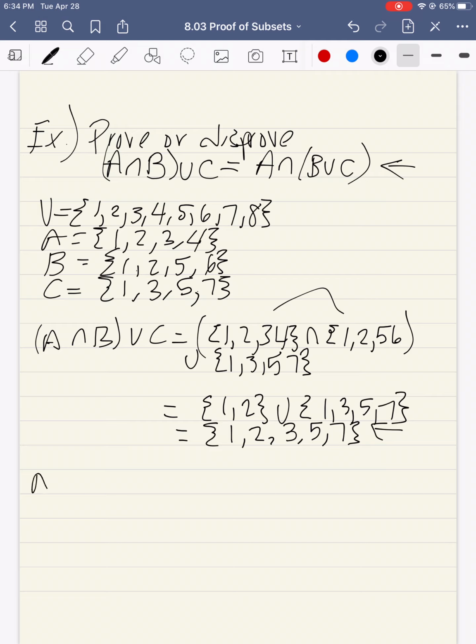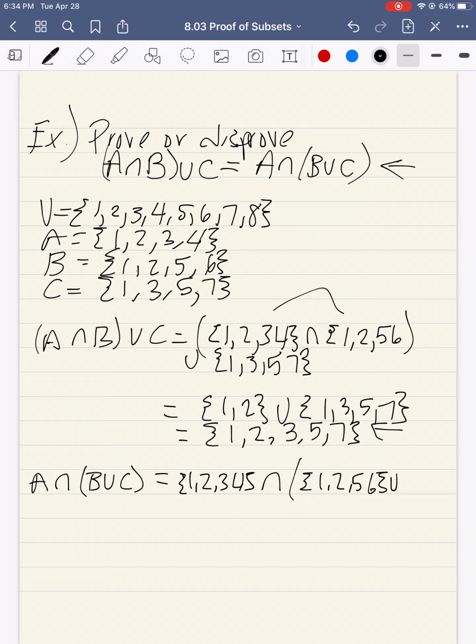So we're going to see, is this final set here going to be equivalent to this set here? So let's go ahead and just do A intersect the quantity B union C. So we have the set containing 1, 2, 3, and 4 intersect with the set containing 1, 2, 5, 6, union with 1, 3, 5, 7.